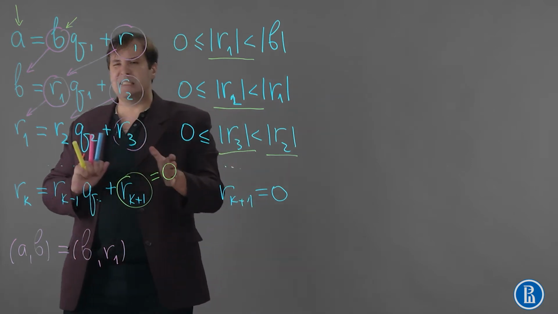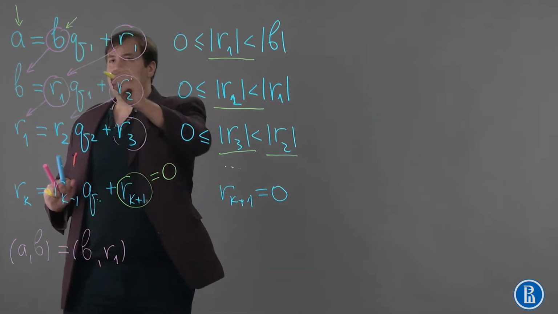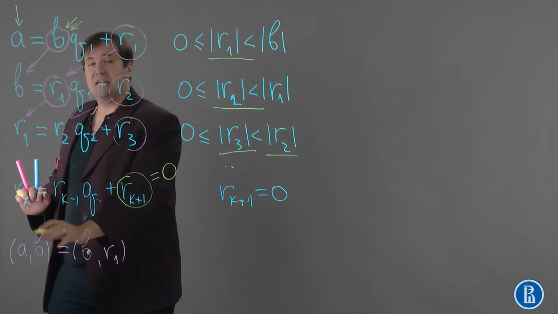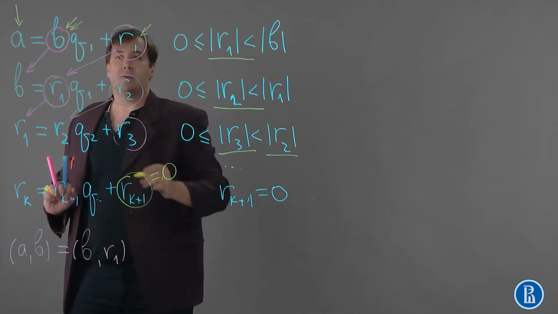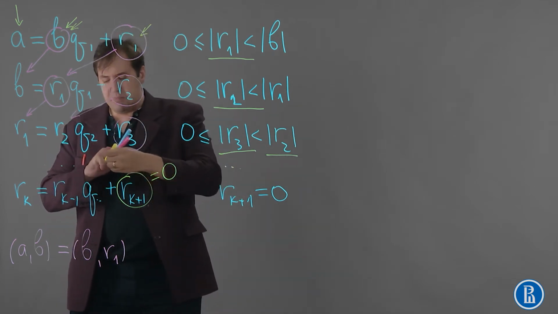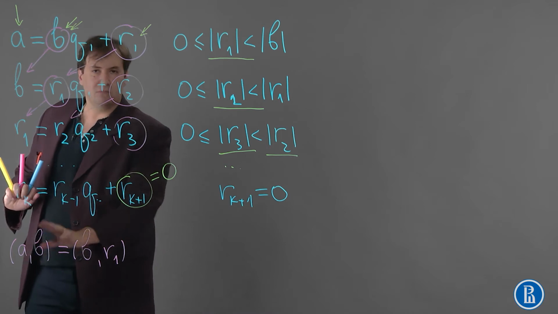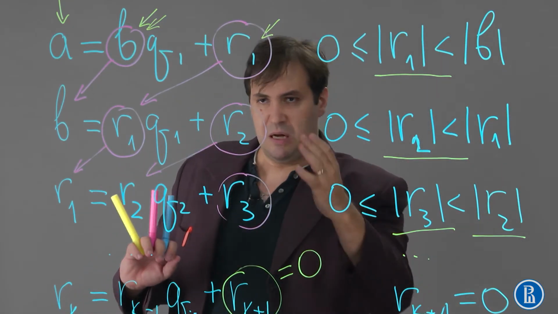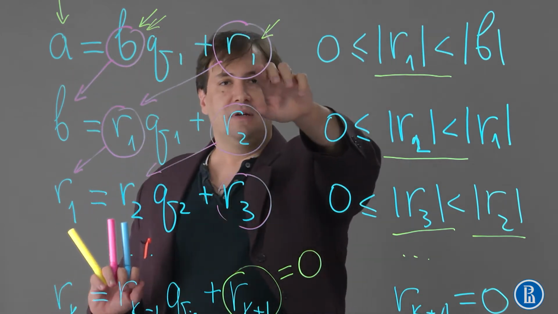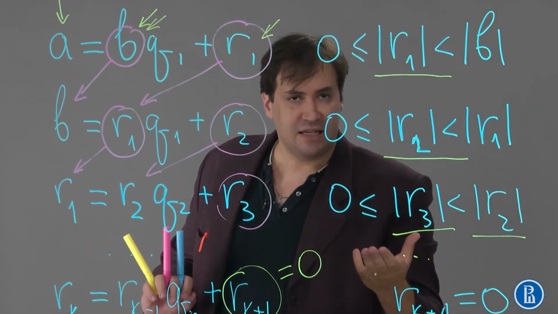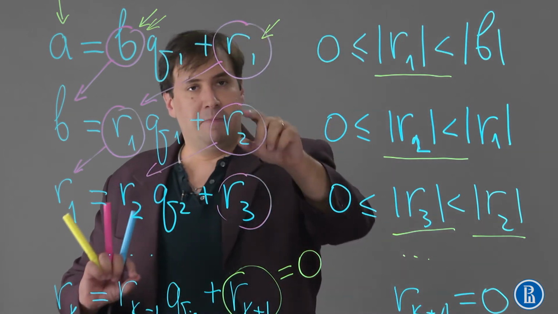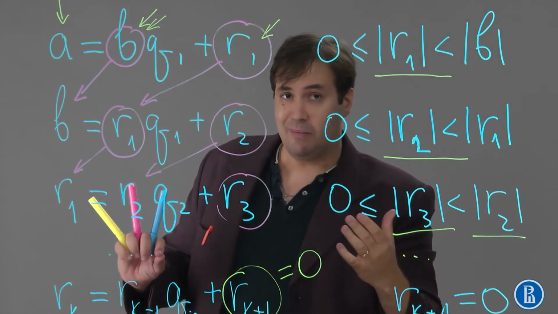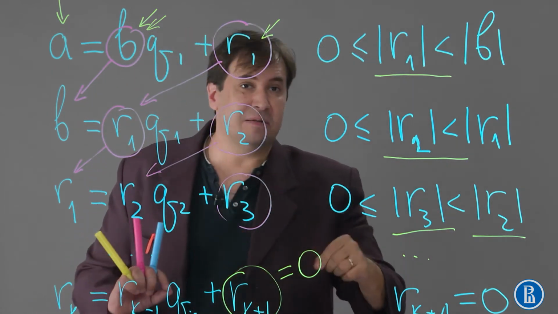So I'll try to explain. Actually, it's very simple. Here we have B, the same element as here, and the first remainder. If A and B are divisible by some element, then obviously R1 is also divisible by the same element. And the other way, if R1 and B are divisible by some element, then A is obviously divisible by the same element.